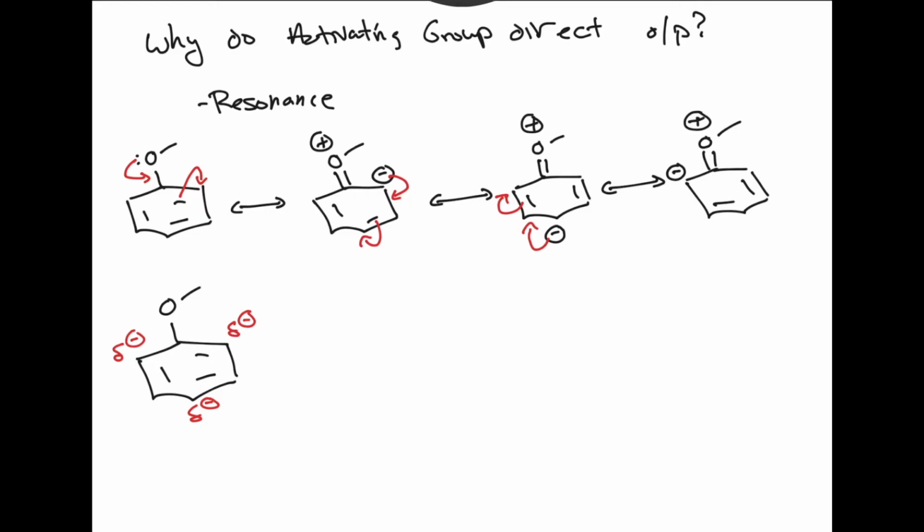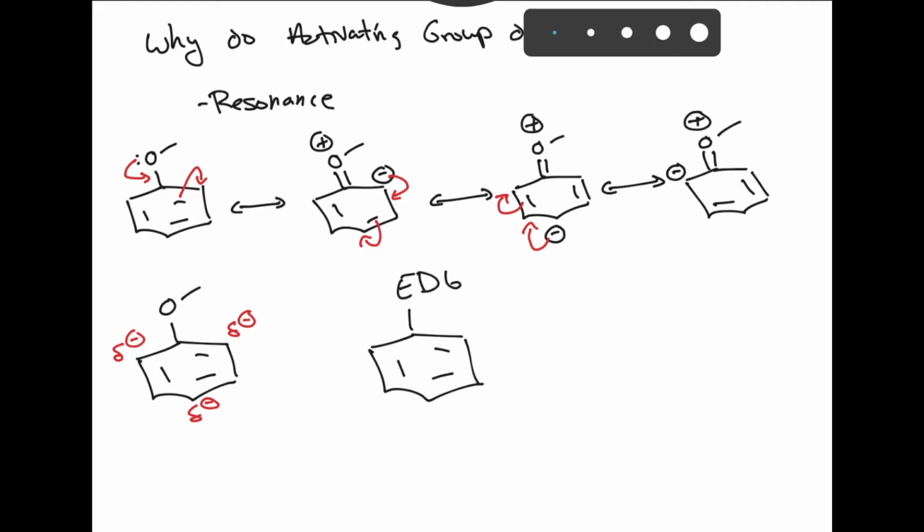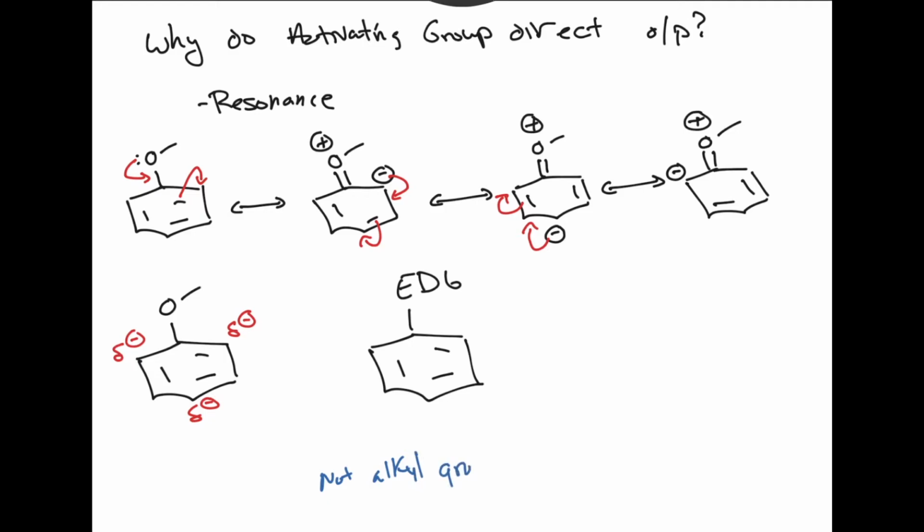This leaves out alkyl groups. We'll go over them in a second. In general, the ortho and para positions are going to be slightly negative.